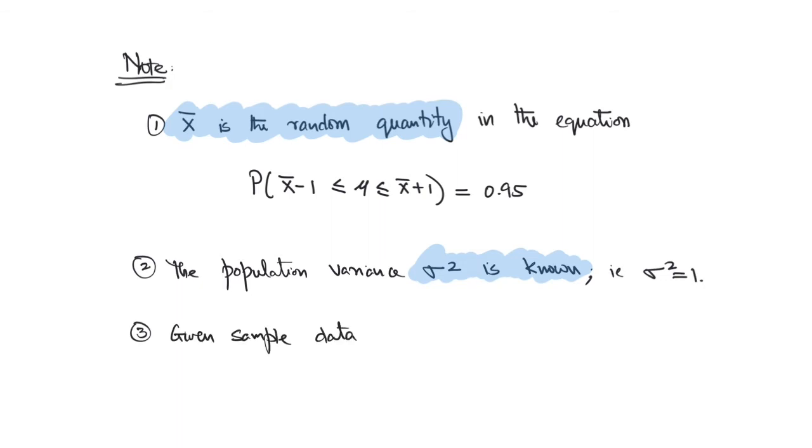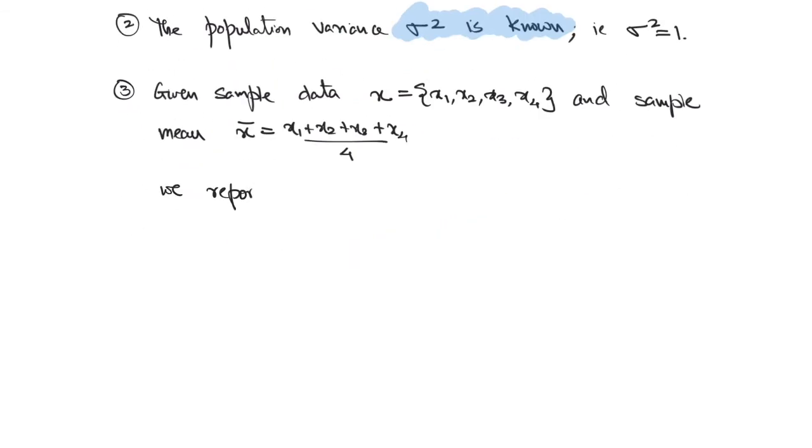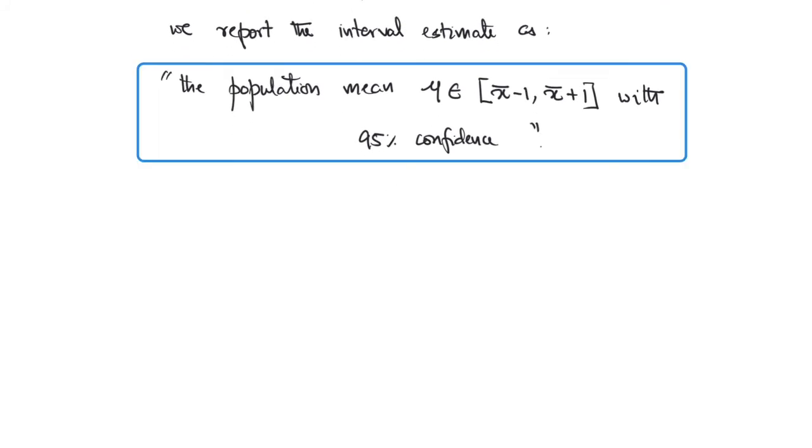Finally, given the sample data x1, x2, x3, and x4, the sample mean is given by x1 plus x2 plus x3 plus x4 divided by 4. And when we report this interval estimate, we will be saying that the population mean mu belongs to small x bar minus 1 comma x bar plus 1 with 95% confidence.